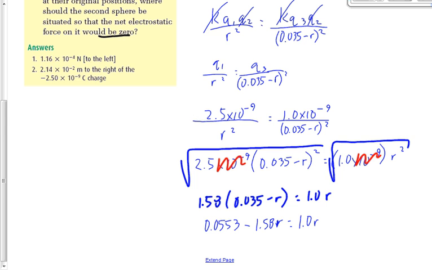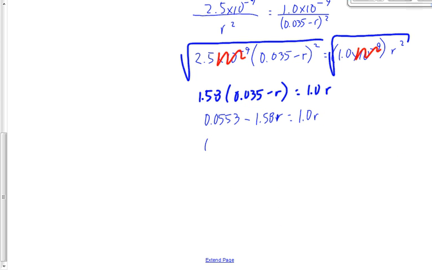Let's take the 1.58R over to the other side. It's subtracting 1.58R on the left side, so if we want to take it to the other side, we're going to add it. So what's 1R plus 1.58R? 2.58R. So R is now going to be equal to 0.0553 divided by 2.58. What's that equal?